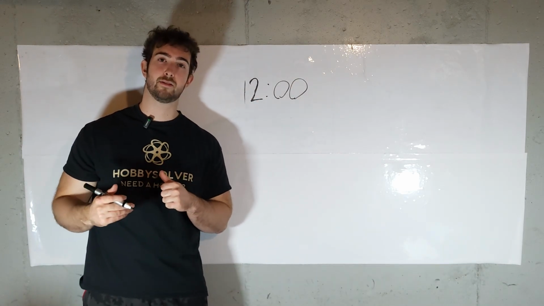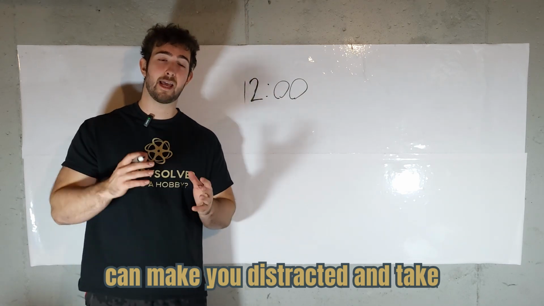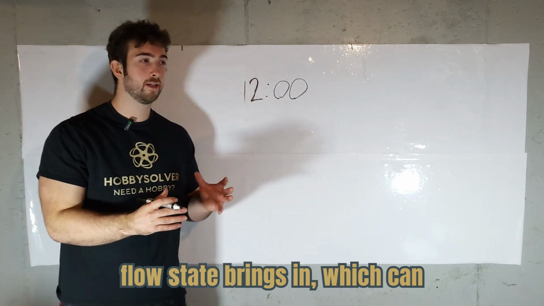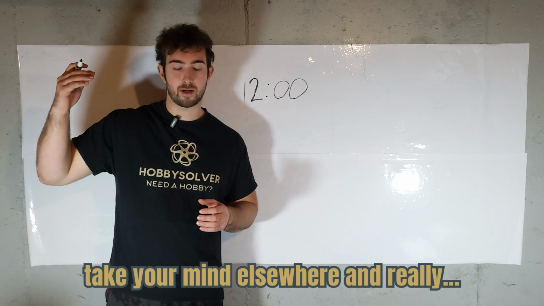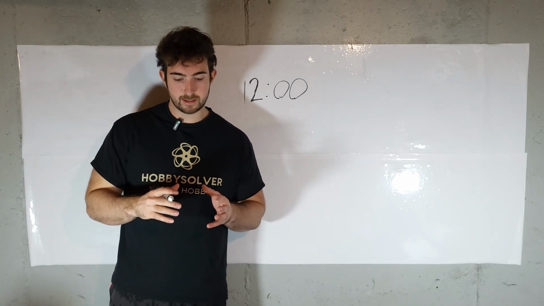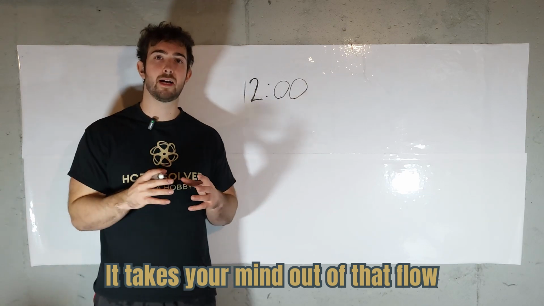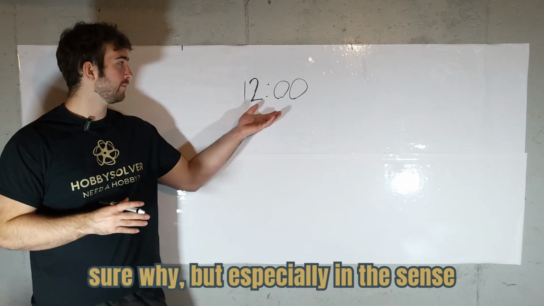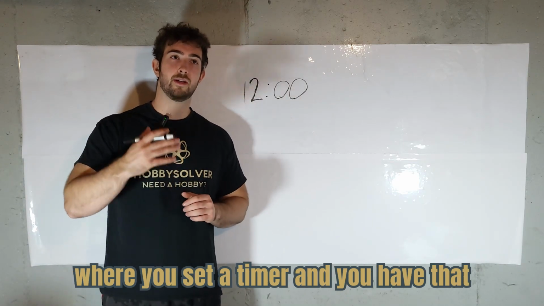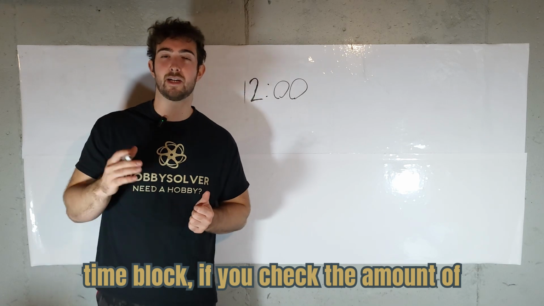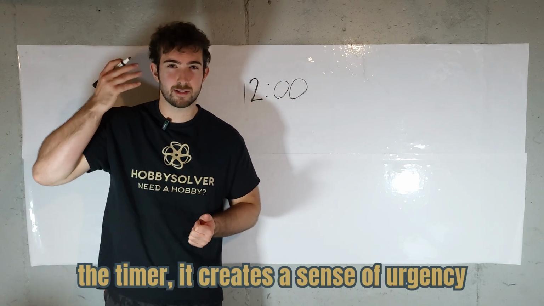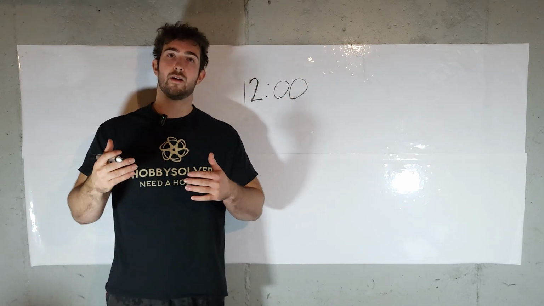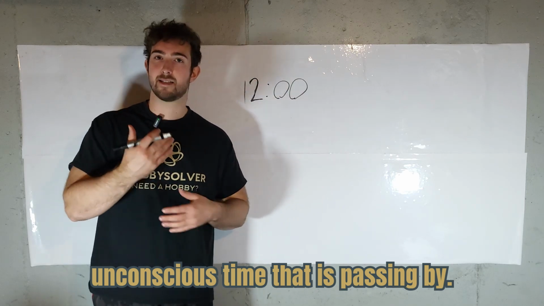Checking the clock can make you distracted and take away that loss of sense of time that the flow state brings, which can take your mind elsewhere, and really it takes your mind out of that flow state. I'm not sure why, but especially in the sense where you set a timer and you have that time block, if you check the timer, it creates a sense of urgency in your brain, and you lose that flow of unconscious time that is passing by.